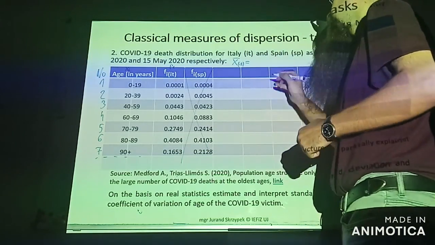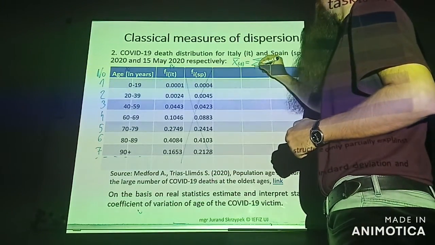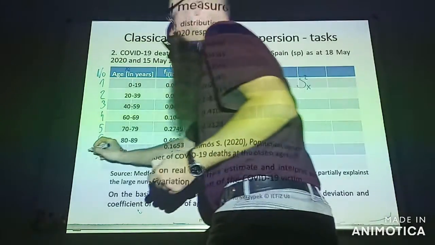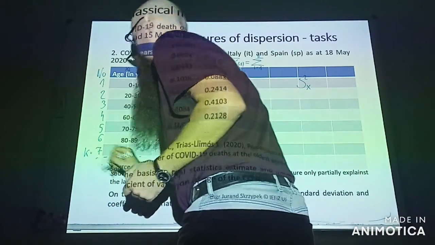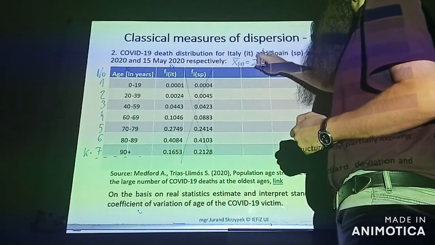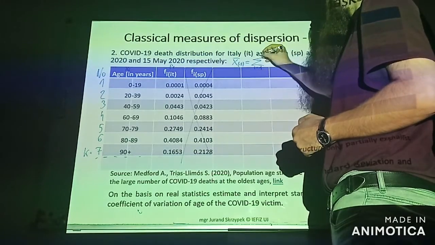As you remember, this is the sum from i equal 1 up to k. K is the number of the classes. We have 7 classes, so here we have the sum from i equal 1 up to 7.